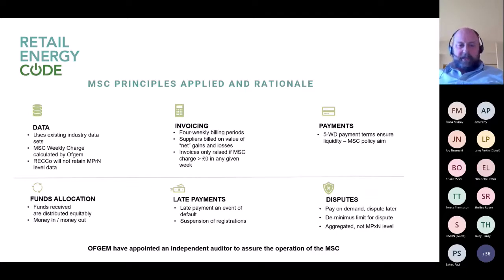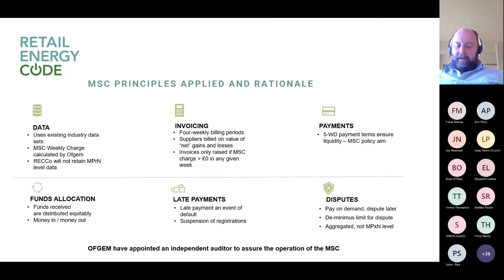In terms of the funds allocation, we'll come on to the timeline shortly, but basically the process from beginning to end should take approximately 30 working days, and that's from the close of the MSC period through to receiving funds. In order to ensure that, we've also had to look again at the late payment process, and again there'll be an expedited escalation route for that.